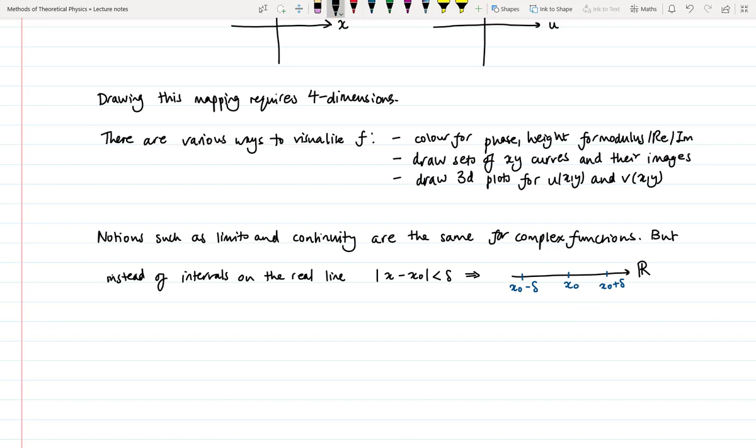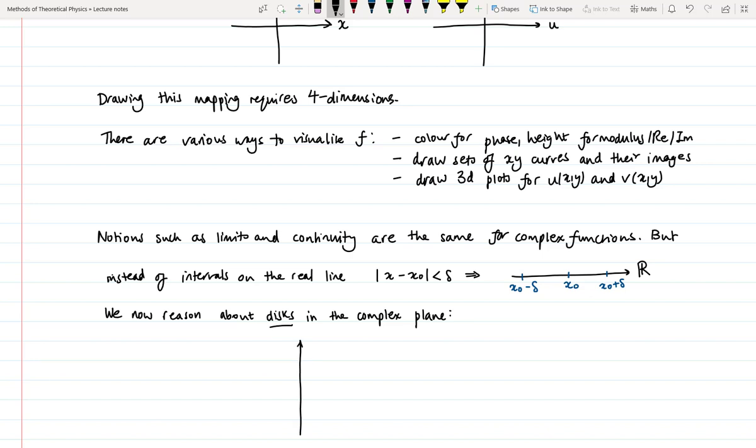So instead of reasoning about intervals on the real line, we now reason about disks in the complex plane. And I'll draw a picture to show what's going on.